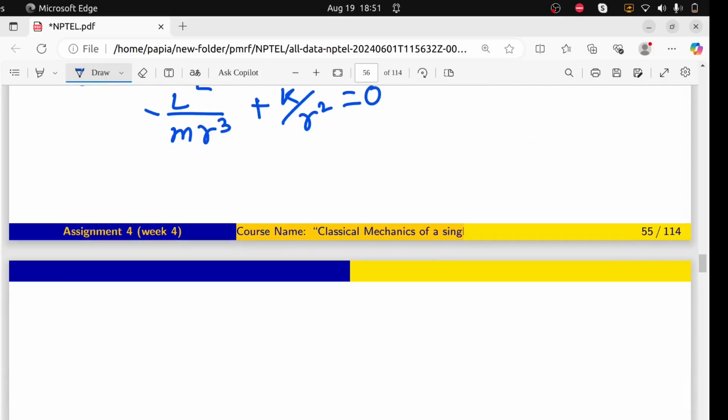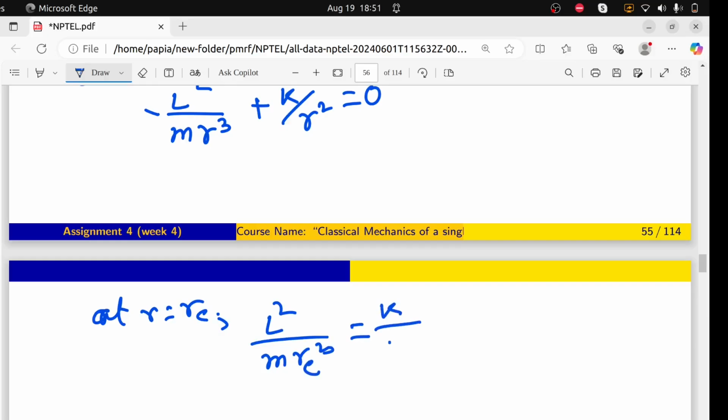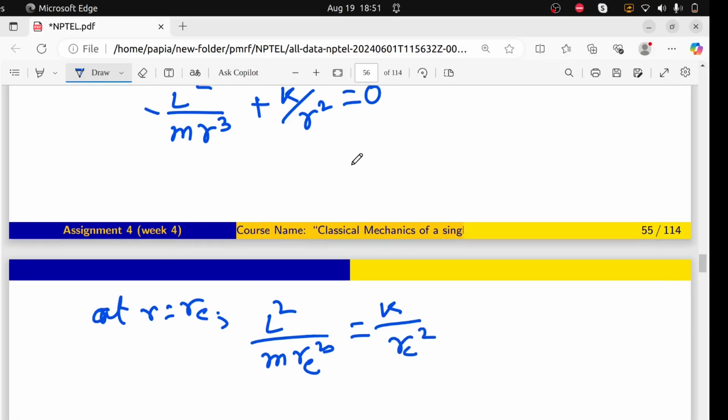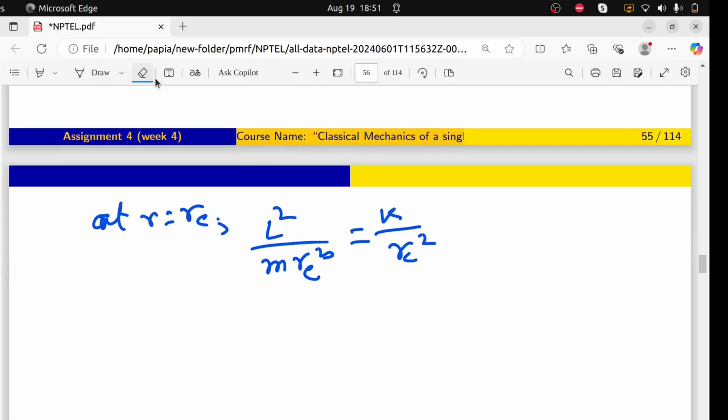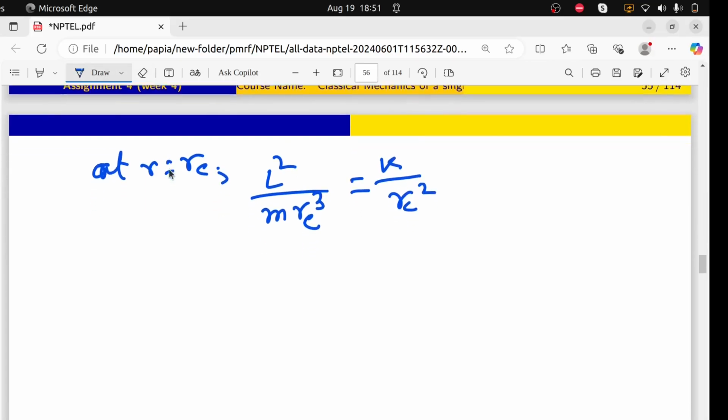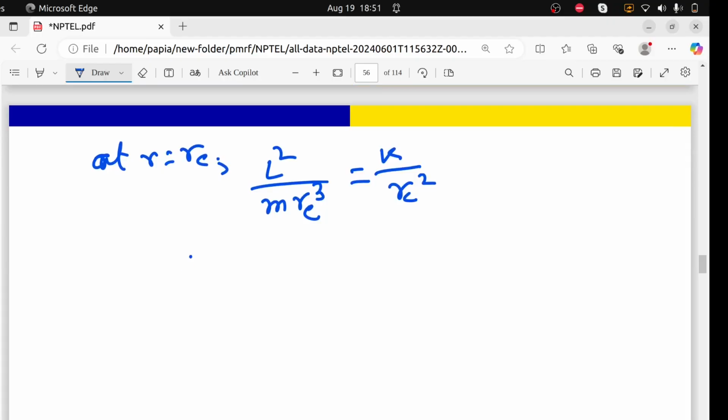Now you can understand clearly that at r equals rc, L square by m rc cube equals k by rc square. Actually this is r cube, so L square by m rc equals k.